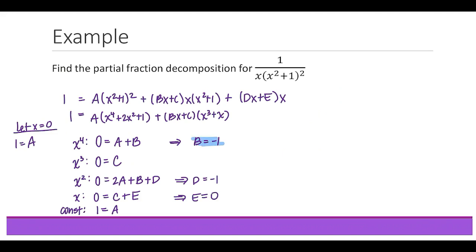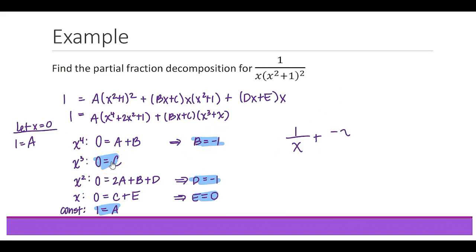So we have all of our values here, b, c, d, e, and a. So we can substitute them into our original decomposition. So a is 1, so we have 1 over x, plus we had the value of b was -1 and c is 0.